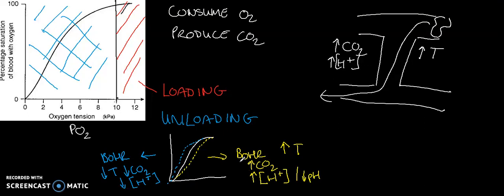They don't want it anymore, so they vomit off the oxygen that they have no appetite for. So as your red blood cells flow through this environment, everything is set up to make it easier for this red blood cell to vent off oxygen, which is precisely what we want.